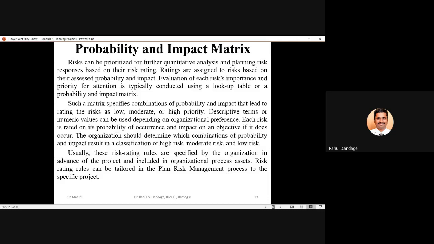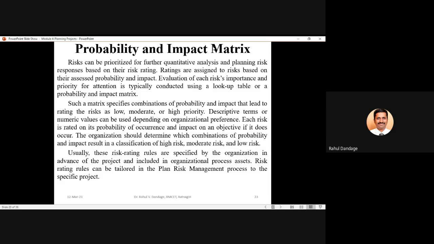The organization should determine which combinations of probability and impact result in a classification of high risk, moderate risk and low risk. So depending upon this probability impact matrix, the organization will be able to classify the various risks as high priority, moderate priority and low priority risks.